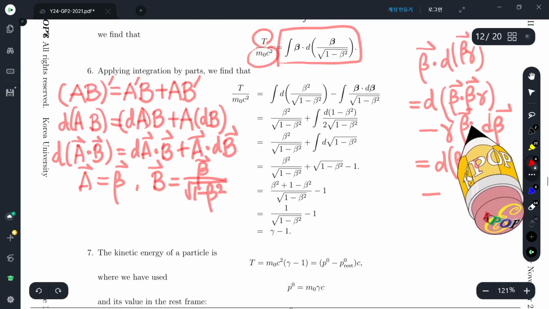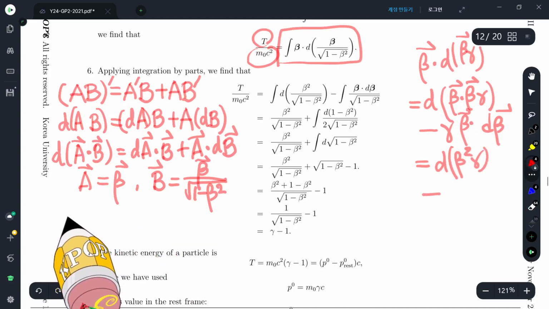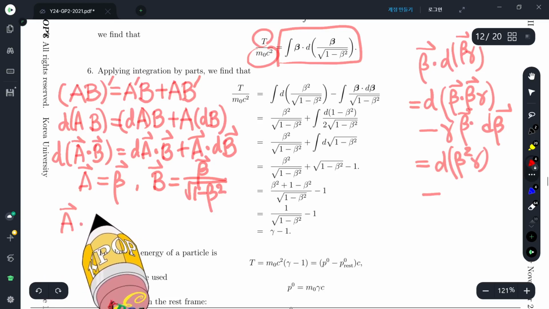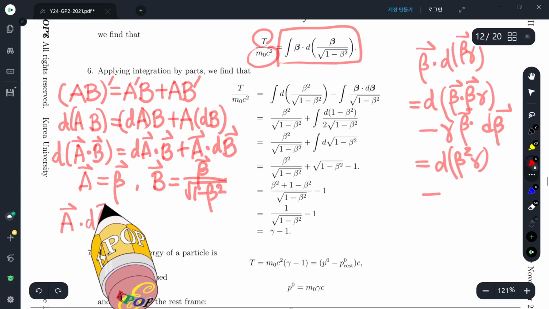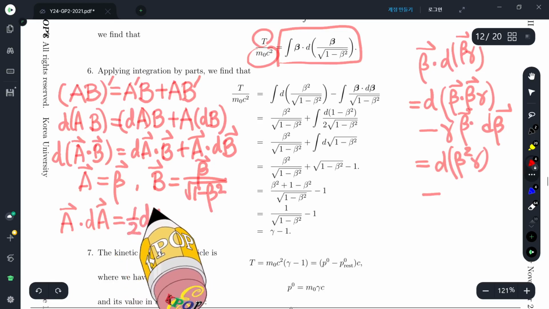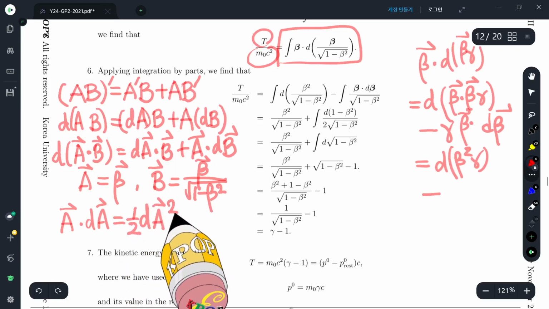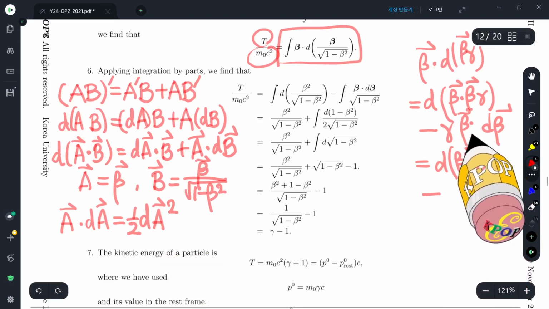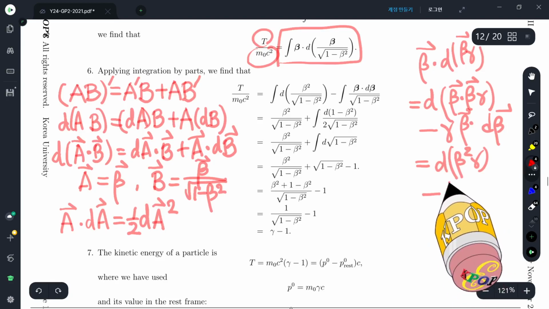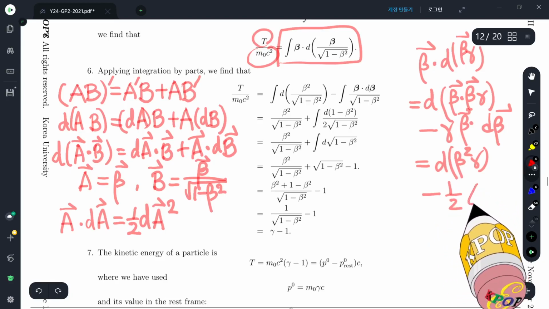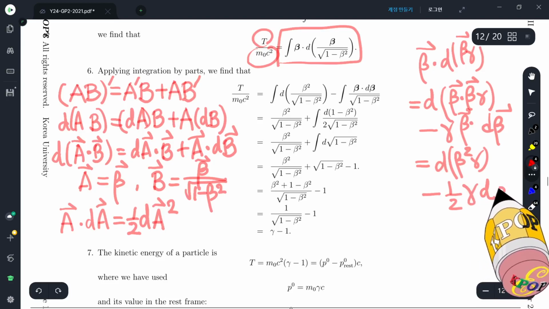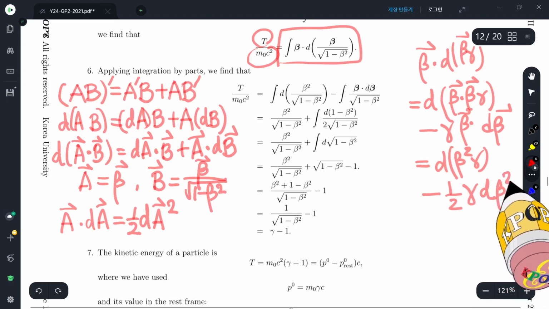Minus beta gamma dot d beta, which is actually 1/2 gamma d beta squared, so this one is minus 1/2 gamma d beta squared.